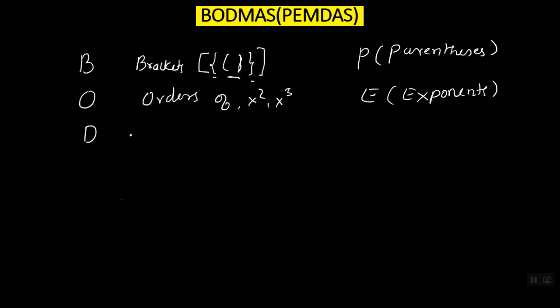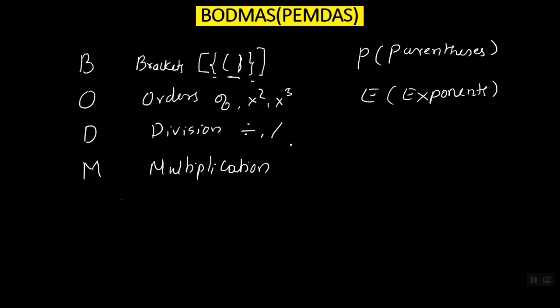Next one is the division. The first preference will be given to division, then next preference will be given to the multiplication.